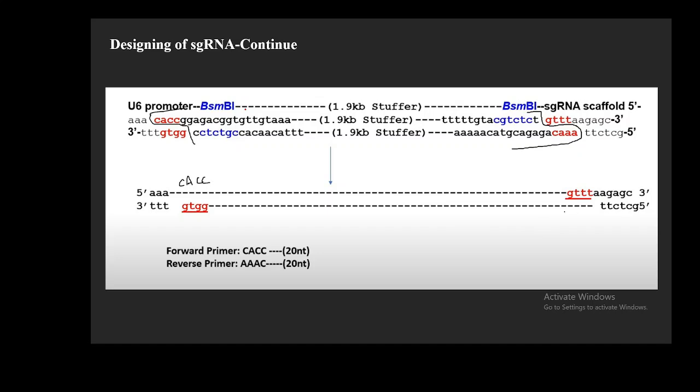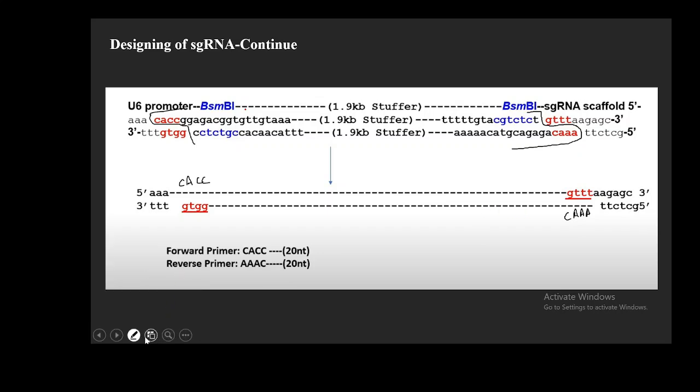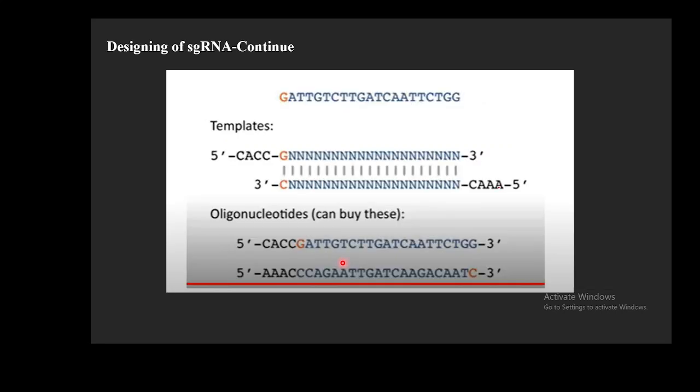And similarly, the complementary sequence here, if you take the 5 prime region of this sequence, you need to add in the reverse primer AAC. So what you will be doing here, you will be adding in the forward primer CACC and in the reverse primer AAC, because whenever you are ordering the primers, it is always from 5 prime to 3 prime. So this is how this is going to work.